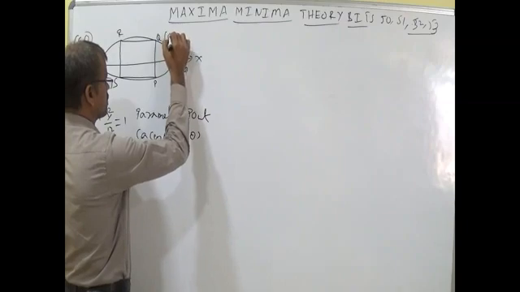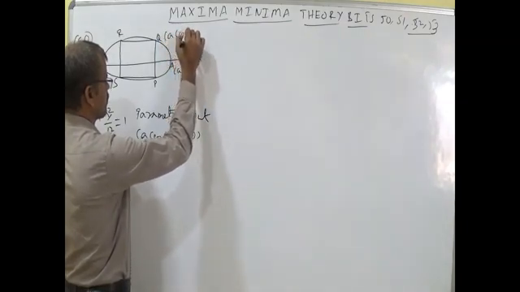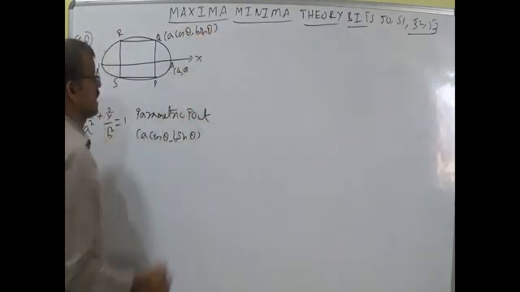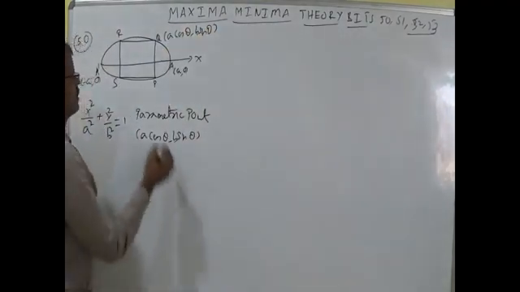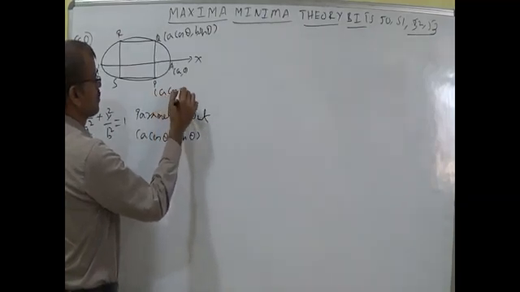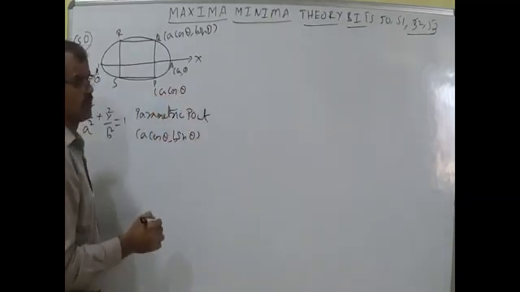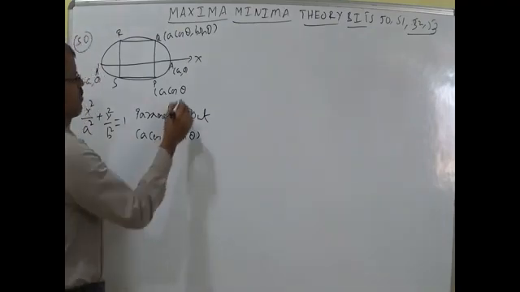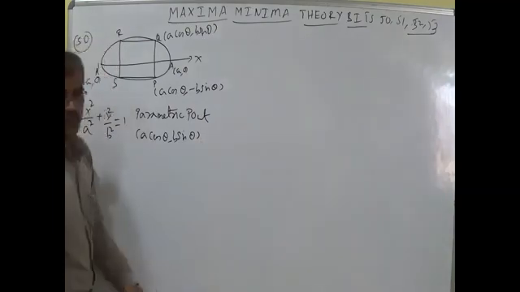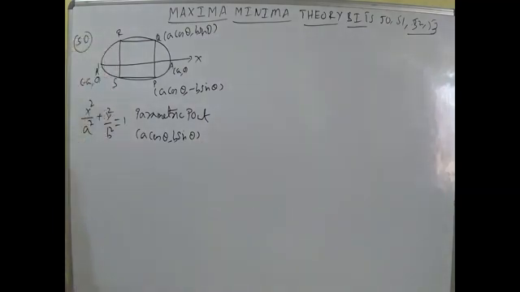Because this is in the first quadrant, you can write P as (a cos theta, b sin theta). Q is in the fourth quadrant, where x is plus and y is minus, so (a cos theta, minus b sin theta).